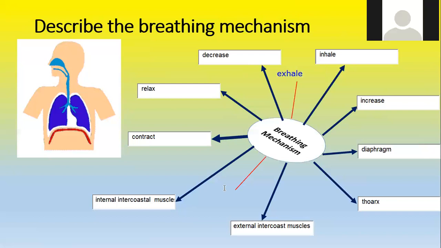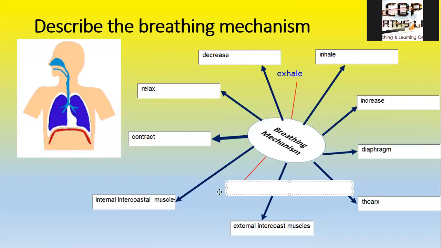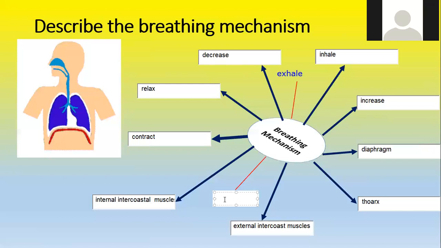No. That is the action, but that's not the noun. Intercostals are nouns. So exhale is an action. Is there another word that we can use? Ribs. Okay. Volume. Alright, volume.